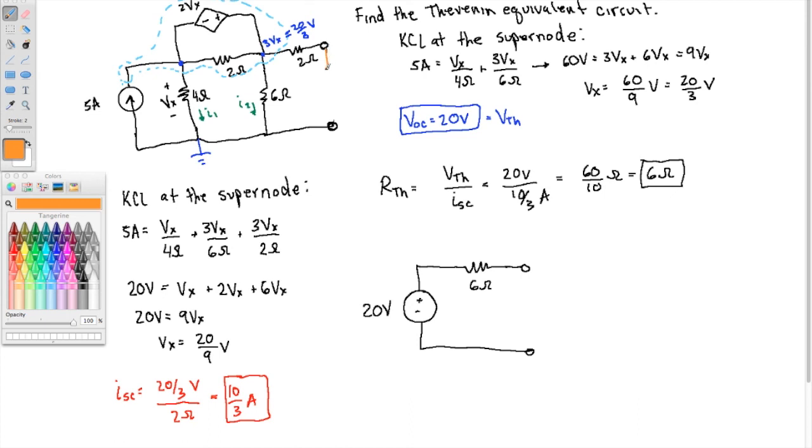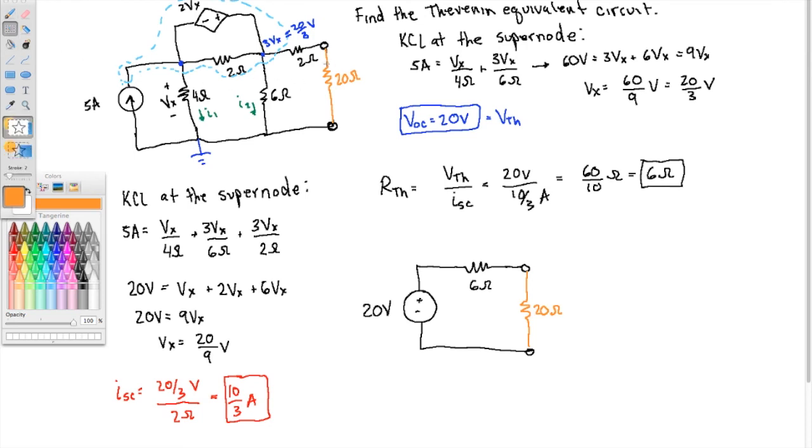Now let's suppose I connect maybe 20 ohms. Now I have to analyze this circuit, find out how much voltage is across the 20 ohms, how much current is through the 20 ohms. Or I can just come to this simpler circuit and connect the 20 ohms there, and figure out how much voltage and current is across and through that resistor.